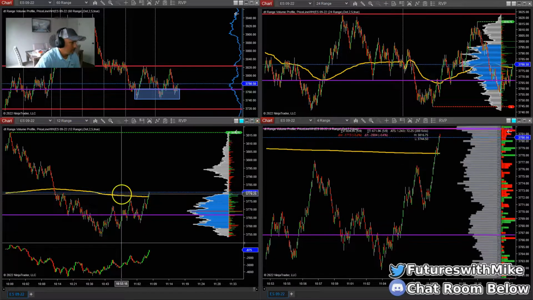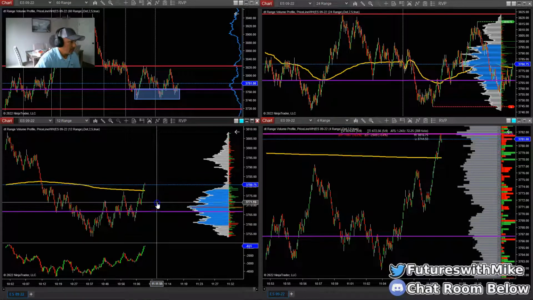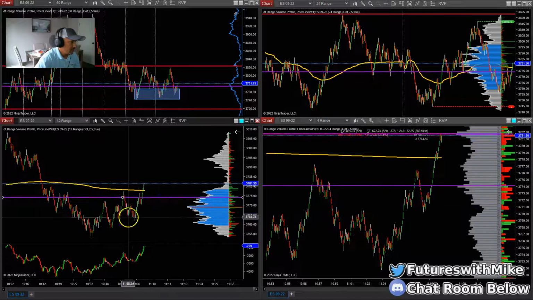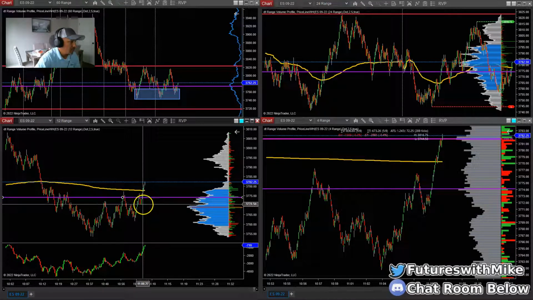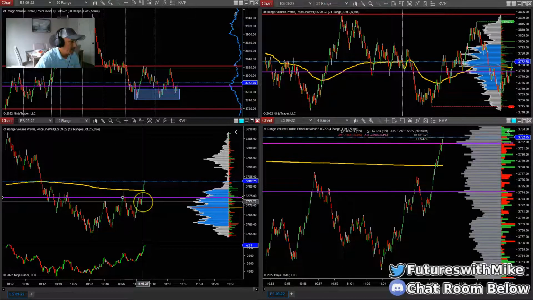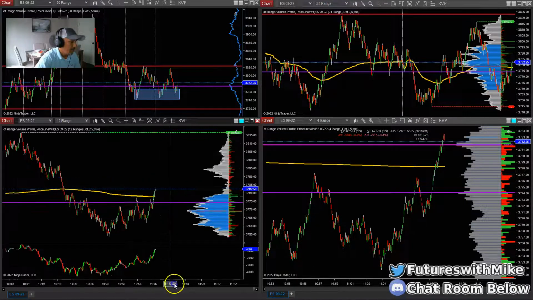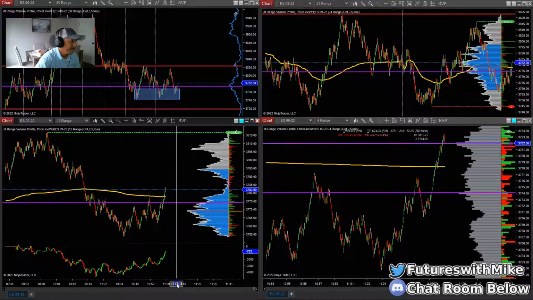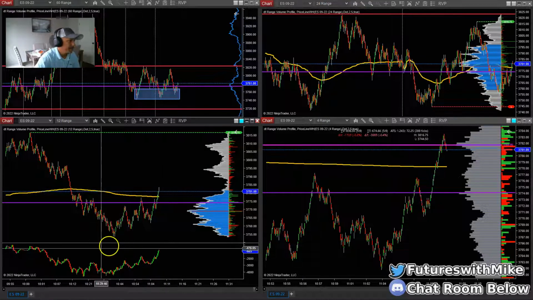All right, there we go. We got some more break to the upside. So let's see. Price can pull back right to this area of support right here, or we can pull back a little lower. So we can test this area here as well as maybe come down and test this area here.